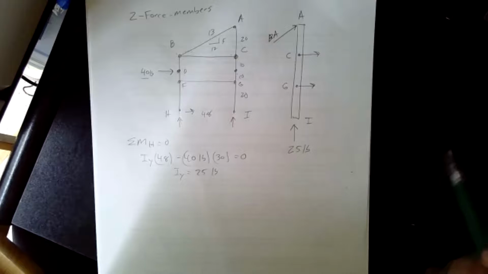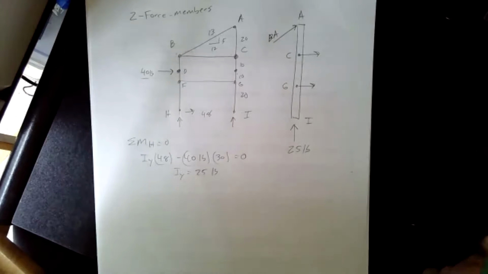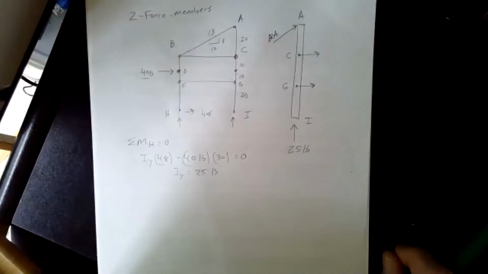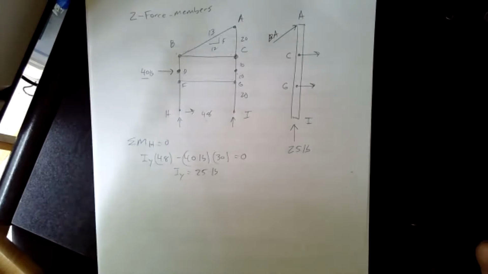Well, for one, you can go through and solve and find these values. But I don't have a good answer for you on that one. I'm sorry. It's just something that's always been. Trusses have zero force members because of the way they're put together. Frames don't. I'll have to think about that and get back to you, because off the top of my head, I don't know a good reason for that.